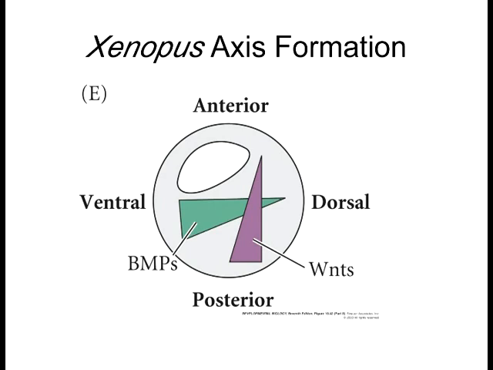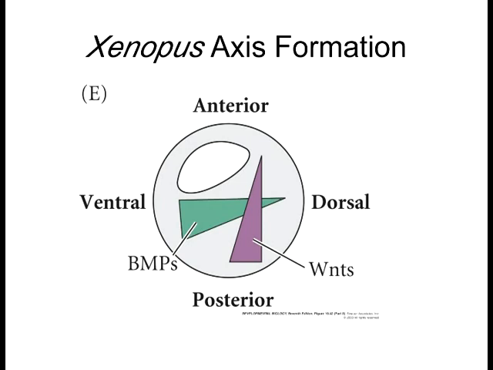You have high levels of this morphogen factor, and then it gets lower and lower as it gets dispersed through the vegetal pole. So here, the maternal components, you have BMPs on the ventral side, and you have Wnt on the posterior side, and that's how the anterior-posterior axis typically is determined, and the ventral-dorsal axis is typically determined.